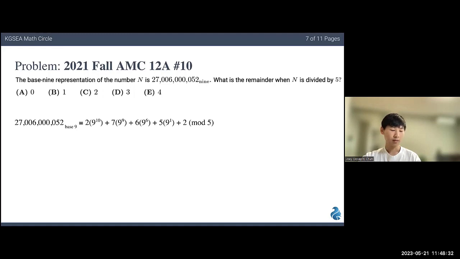Now let's use our modular multiplication rule to change the 9s into negative 1s, like this. And then this is much easier to deal with because negative 1 to some exponent is much easier to calculate. And after some simple calculations here, we can get that the answer is D.